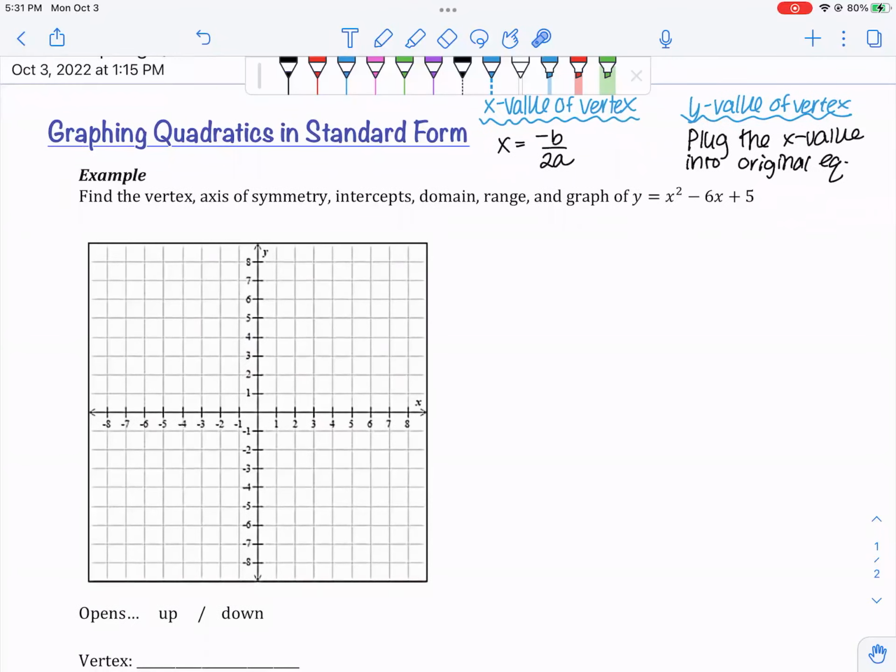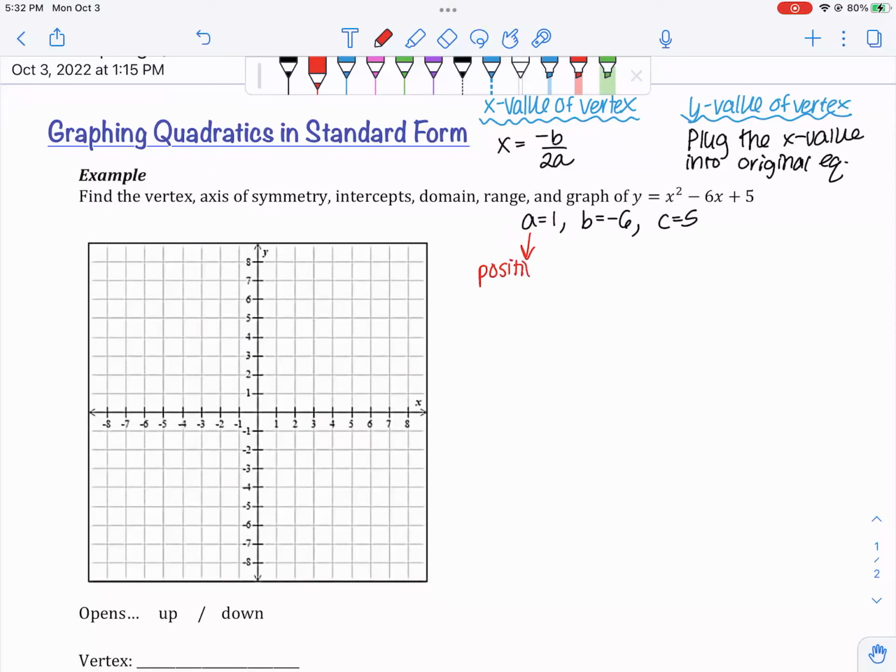First things first, does it open up or down? Well, our a value, I can just write all my values right now. Our a value is 1. Our b value is negative 6. And our c value is 5. So a is 1 because there's a secret 1 there. A is 1, which means that it's positive. So it opens up.